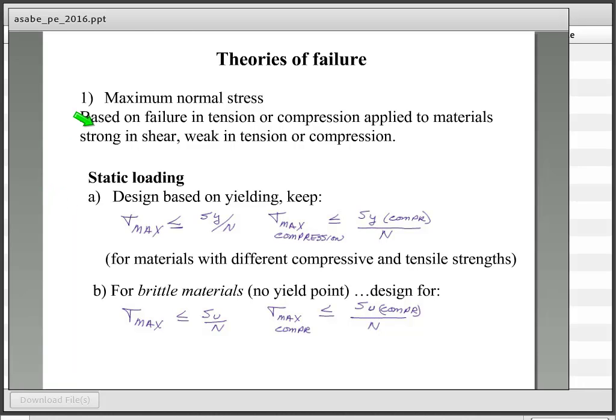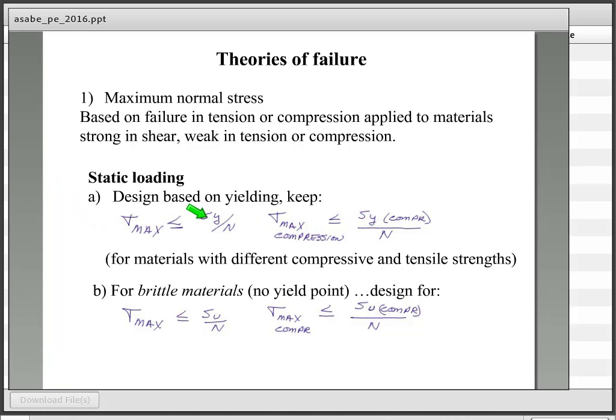Maximum normal stress would be applied to materials that are strong in shear but weak in tension and compression. An example of that would be cast iron, where it is good in shear but it's not good in tension. And, well, it might be good in compression also, but not good in tension. And so here I've just got some criteria for how you would apply that.